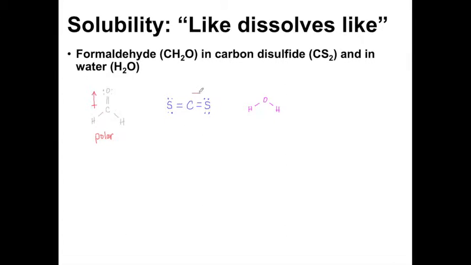We have some polarity pointing towards the sulfur atoms, but due to the linear shape of the molecule, these two polarities cancel out. So carbon disulfide is nonpolar. Then a while ago, we said that water is polar. So formaldehyde is more soluble in water than in carbon disulfide.